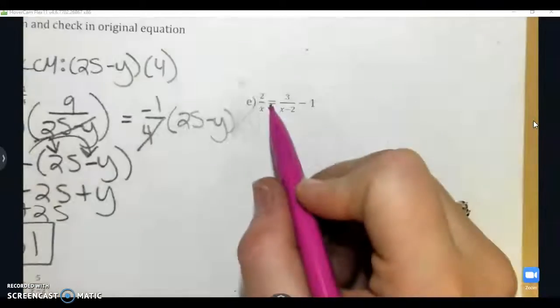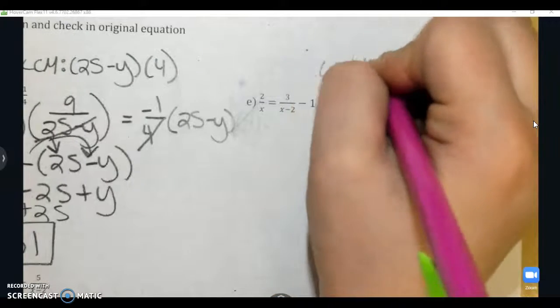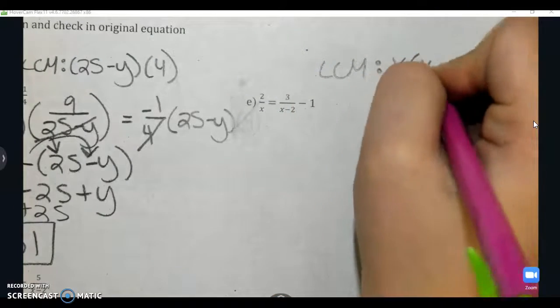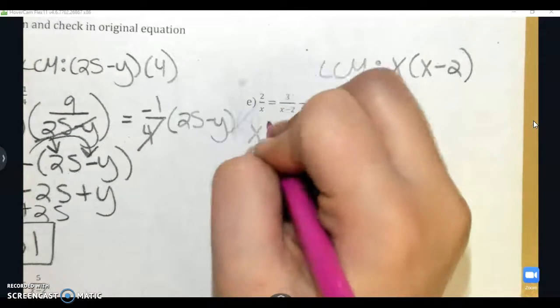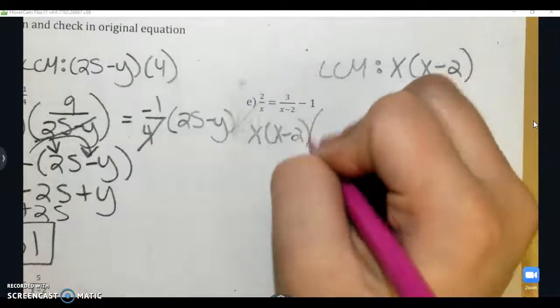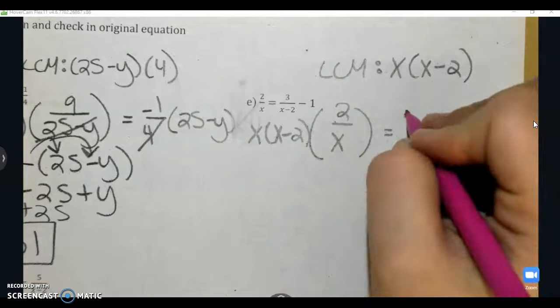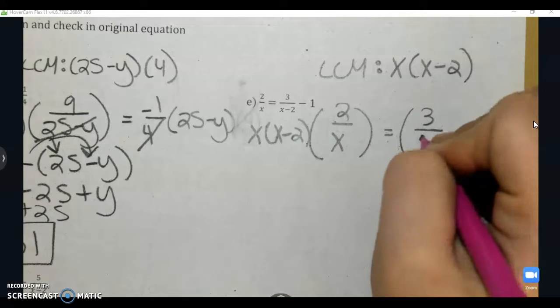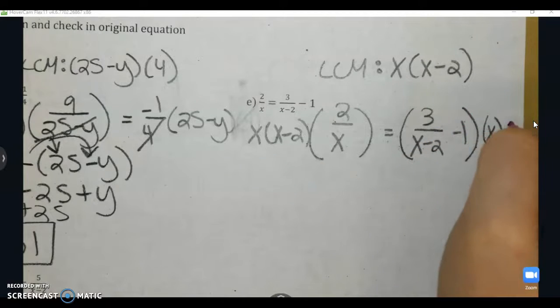Least common multiple, I've got x, x minus 2, and 1. So that least common multiple is going to be x times x minus 2. So everything gets multiplied by x times x minus 2. So on this side we've got 2 over x. We've got 3 over x minus 2 minus 1 times x, x minus 2.